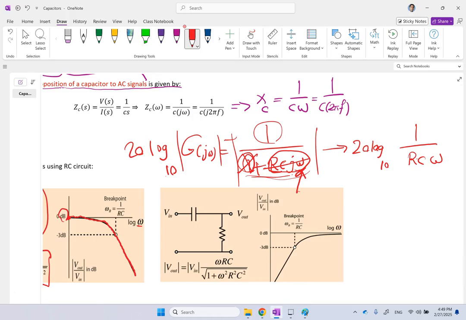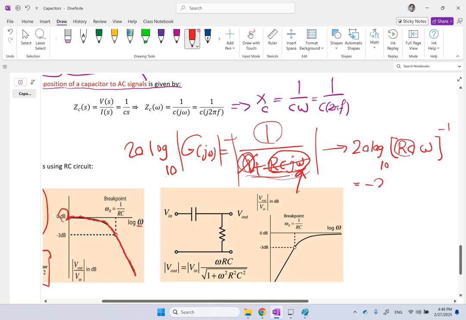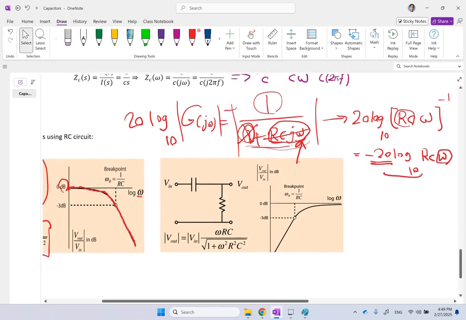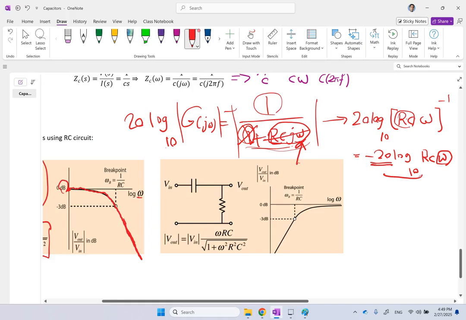Of course, you can write this as RC omega to the power negative 1, and this negative 1 can come in front of the logarithm and it becomes negative 20 log 10 of RC omega. So you see that in the log space, it is going to go to a line with a slope of negative 20 decibels per what we call decade. And that is this line that you can see when omega gets big.